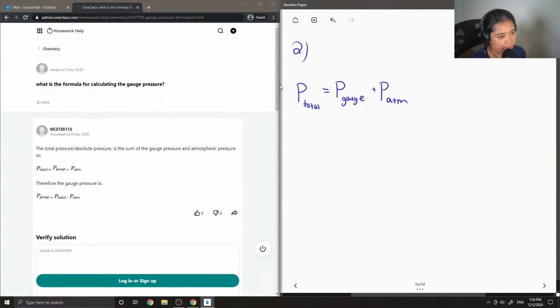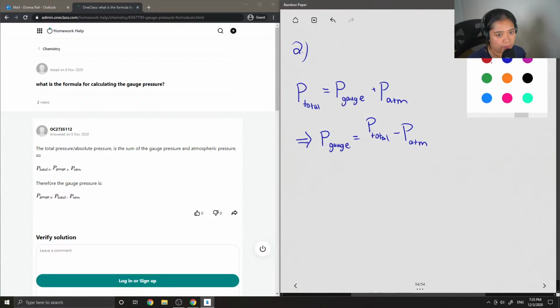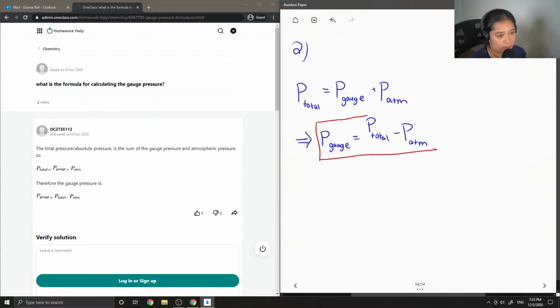So in order to calculate the gauge pressure, we just need to rearrange this equation, and you end up getting P total minus atmospheric pressure.